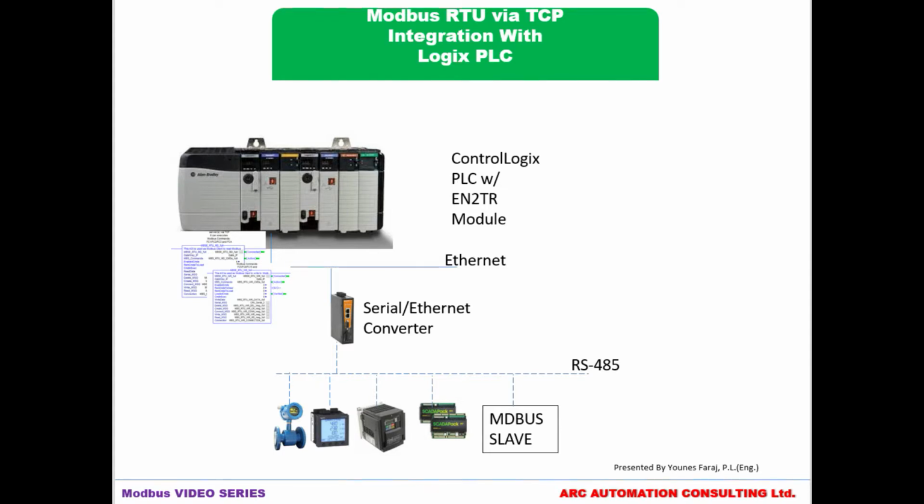So we can bridge between the two. And then inside our ControlLogix or CompactLogix, we have these embedded add-on instructions that we're going to see in a moment how it works, that will allow our PLC to natively communicate Modbus RTU.